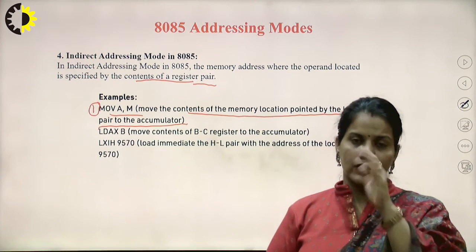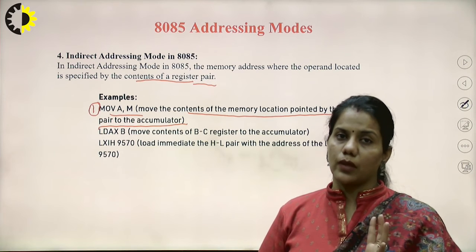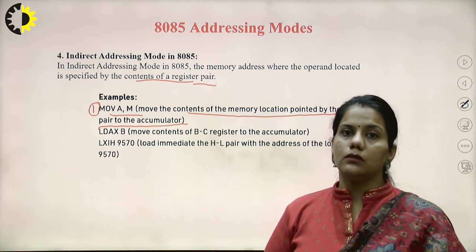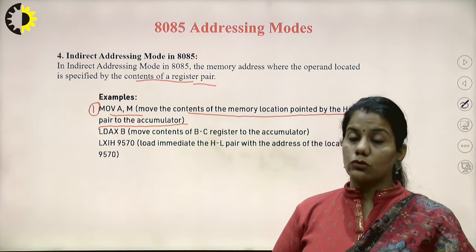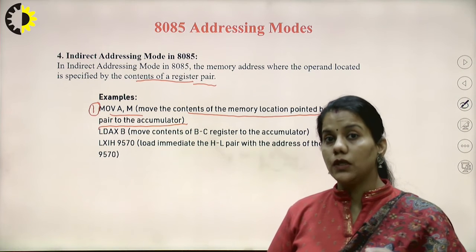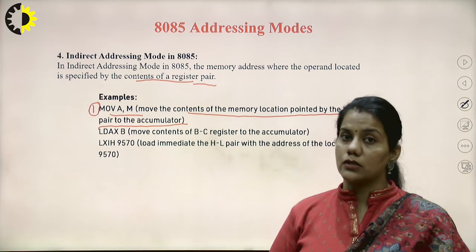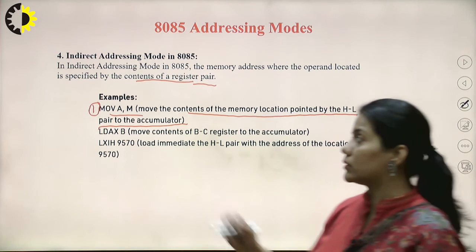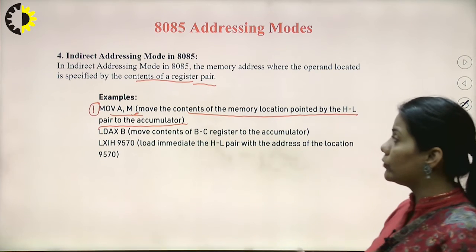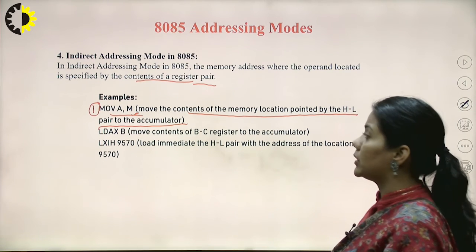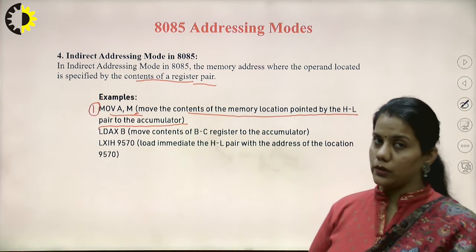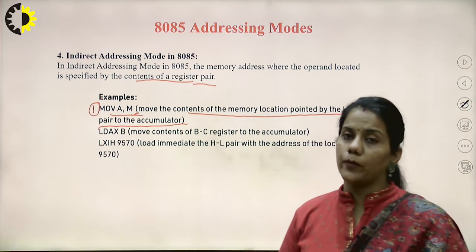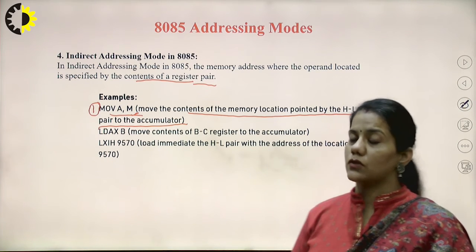Wherever the term capital M is specified in an instruction, it means we are talking about the data stored at the memory location pointed to by the contents of the HL register pair. So the address of the operand is indirectly specified in the instruction.